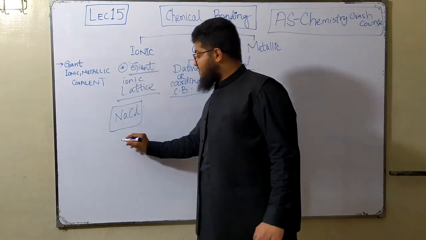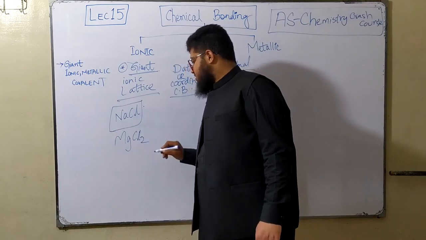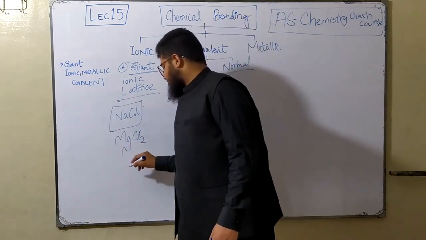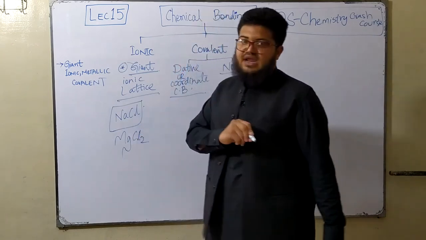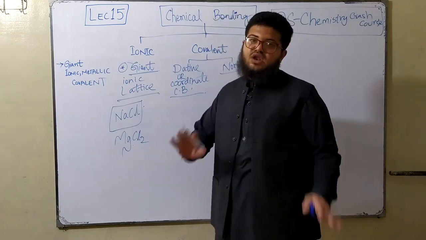So even if it's magnesium chloride, it's still a giant ionic lattice. Magnesium chloride is ionic with some covalent character, an exception, but still it has a giant ionic lattice.